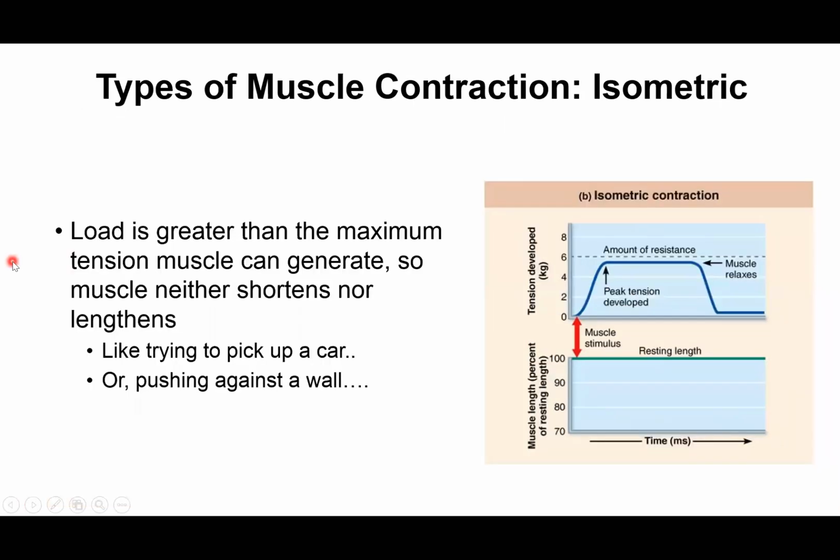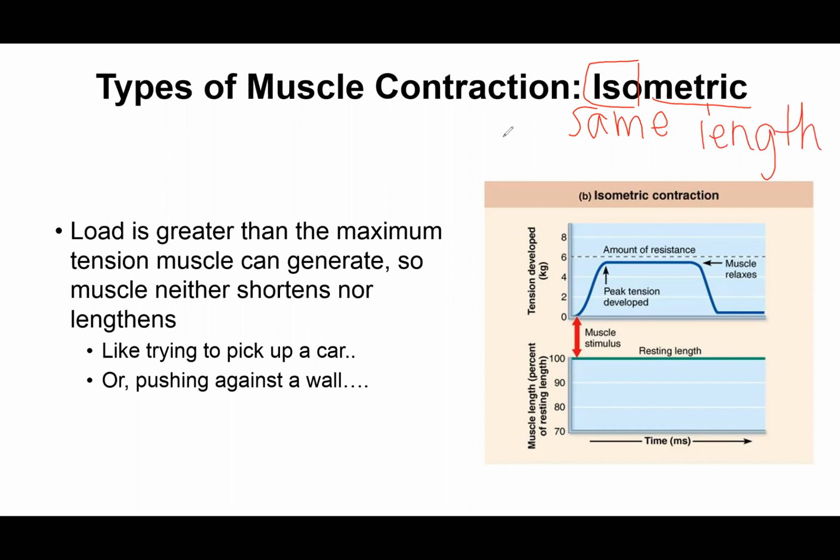On the flip side of things, the other type of muscle contraction is what's called isometric. And if you're hopefully guessing what that means, iso means same, and metric means length.